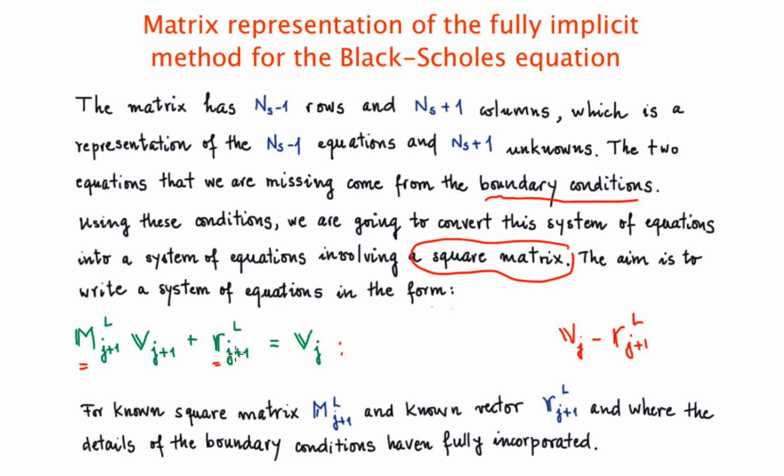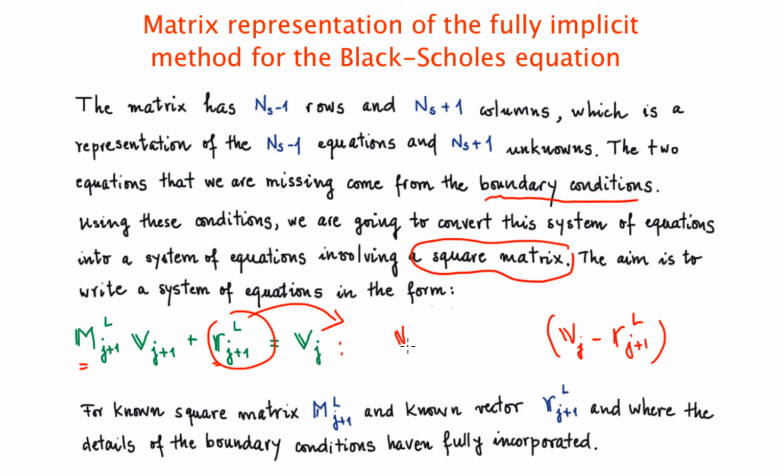For all the matrices on the left, we are going to use the superscript L, in order to say that these are the matrices on the left. We have already brought this to the right, and then we have this matrix multiplying v at time j plus 1. We'll go to the other side with the inversion of the matrix.